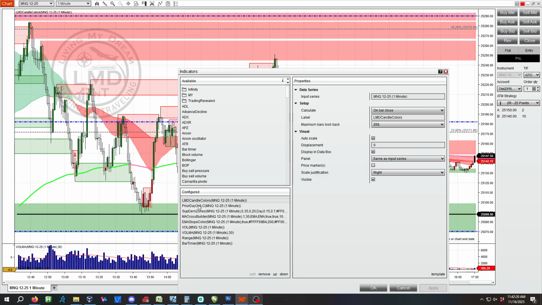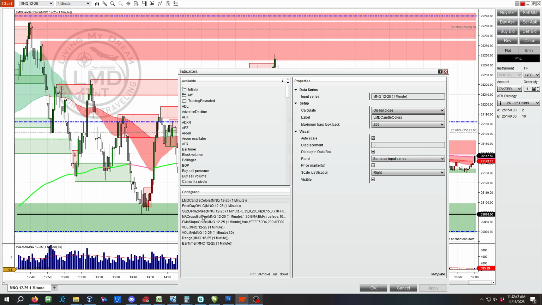Previous day's high, open, low, and close. I don't really concern myself with the open, but I do want to know where the high, low, and close are located. This here is the indicator that provides those red and green supply and demand zones. MA cross builder is what is creating the cloud that you see on my chart.